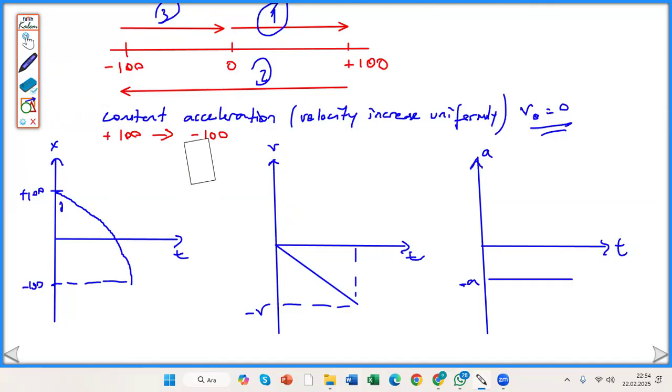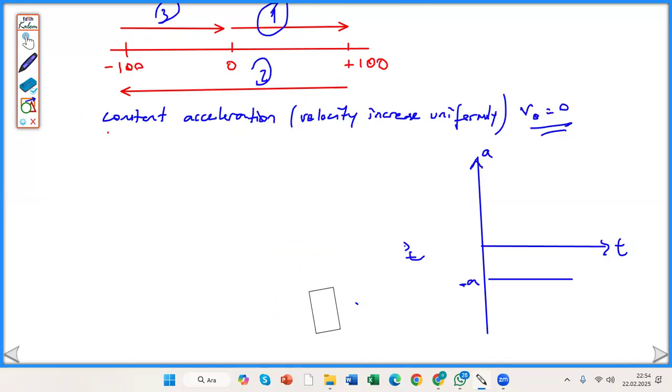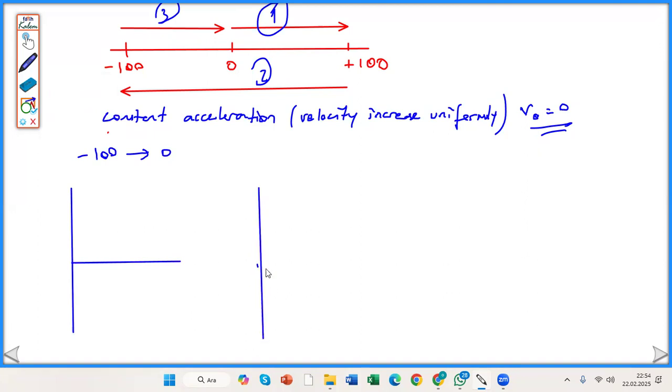Let's analyze the last option. For the last trip, our first position is minus 100 and our last position is 0. Let me show you the position time graph, velocity time graph, and acceleration time graph.